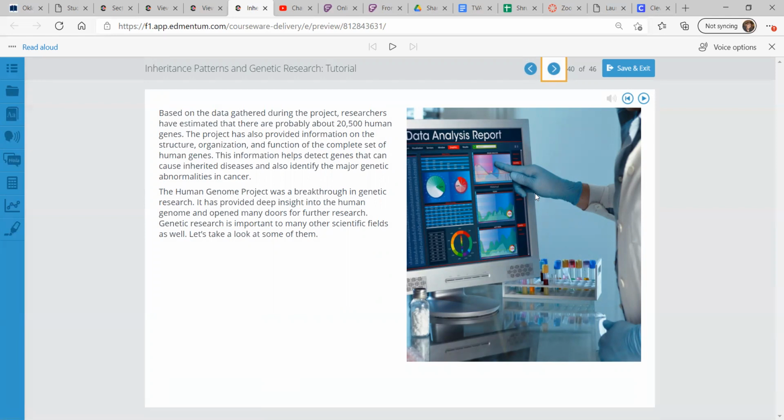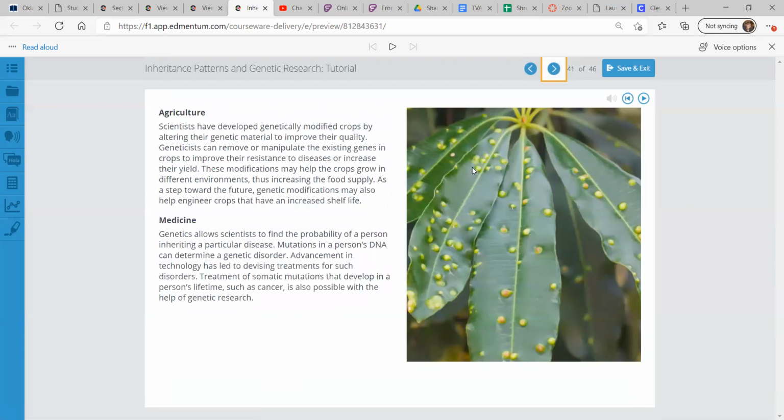Genetic research is important to many other scientific fields as well. So we're going to take a look at some of them. In the realm of agriculture, scientists have developed genetically modified crops by altering genetic material, and they can remove or manipulate existing genes in crops to improve their resistance to diseases or increase their yield.